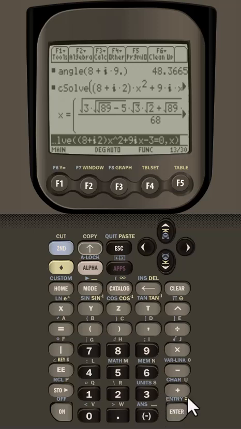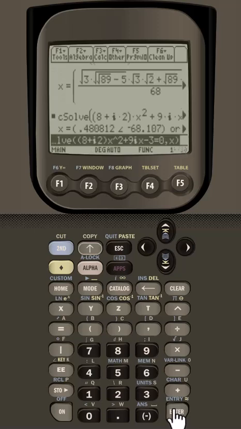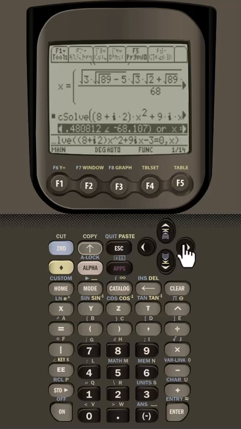Yeah, that's not so pretty. So I do diamond, enter. And then it tells me x equals 0.4808 angle negative 68.107, and to get the other value, I have to go up to that entry and go over to the right and see what the other value is.